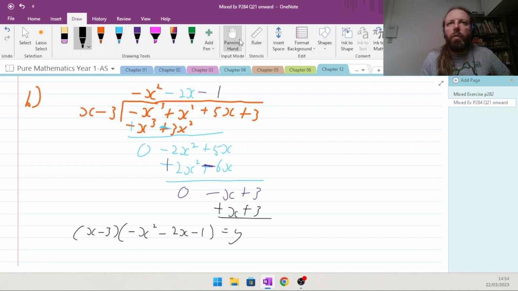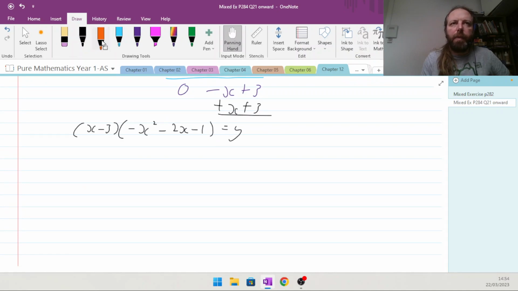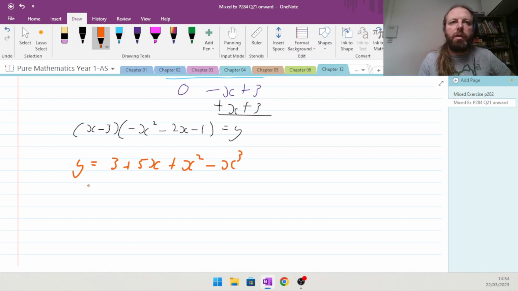So we should probably come back up here and start with y equals 3 plus 5x plus x squared minus x cubed. I was solving it like, I don't know, chapter 2 or something when we did polynomials.